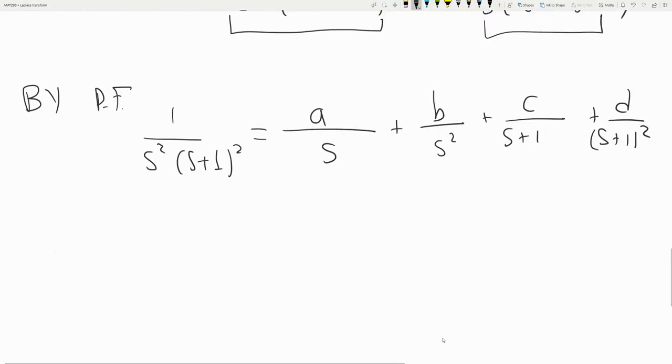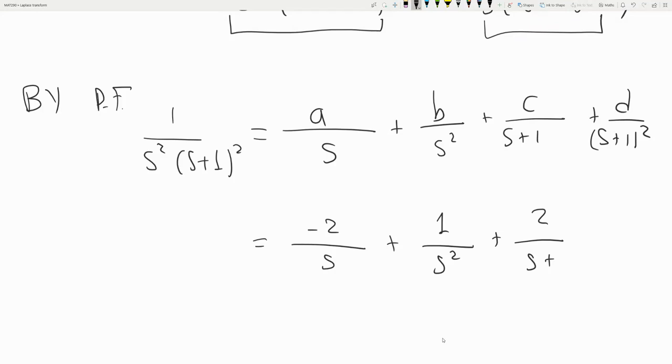Okay, so yeah, if you do the computations, you get 1 over s, minus 2 over s, 1 over s squared, 2 over s plus 1, and 1 over (s plus 1) squared.